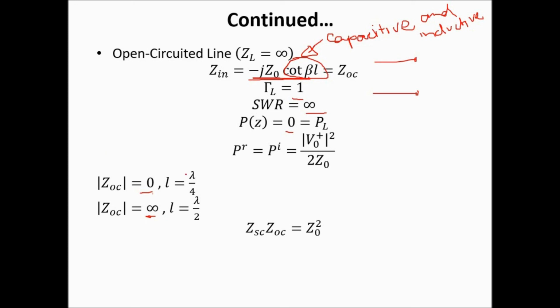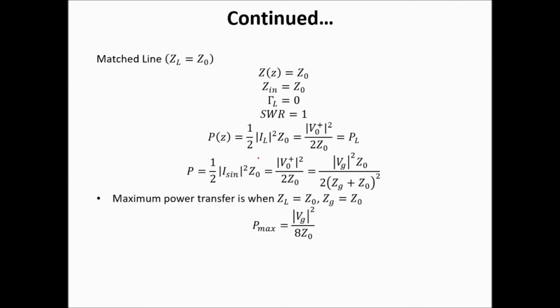Now ZOC and ZSC. ZSC was tan beta L and ZOC is cotangent beta L. So if you multiply these, you will get Z0 squared. Now the matched load. If ZL and Z0 are the same, then the reflection will be 0, because the reflection coefficient is ZL minus Z0 over ZL plus Z0. So if ZL and Z0 are the same, then reflection will be 0 and there will be no standing wave.